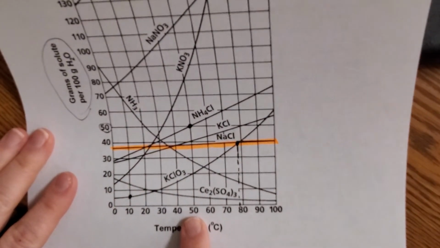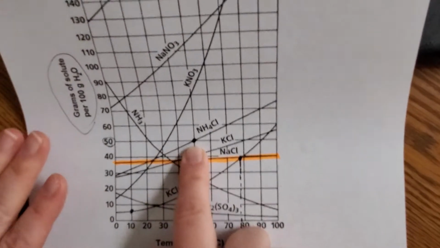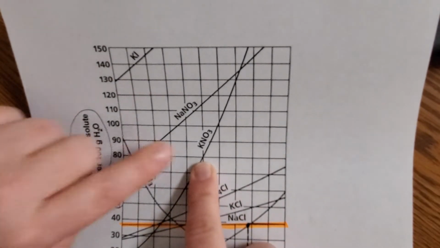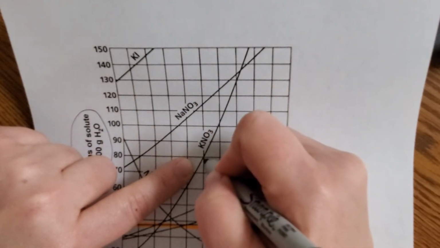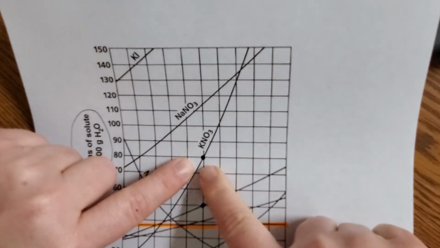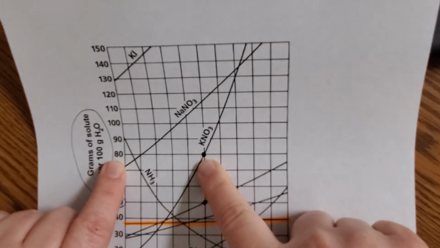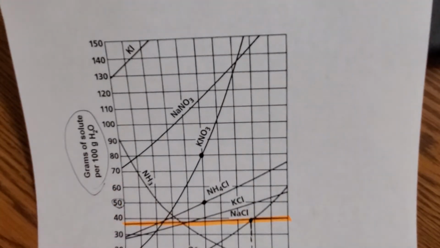Okay, so here's 50 degrees. Run my finger up until my finger hits the line that is potassium nitrate, and here it is, right there. And then run my finger over, and it tells me 80 grams. Okay, so 80 grams.